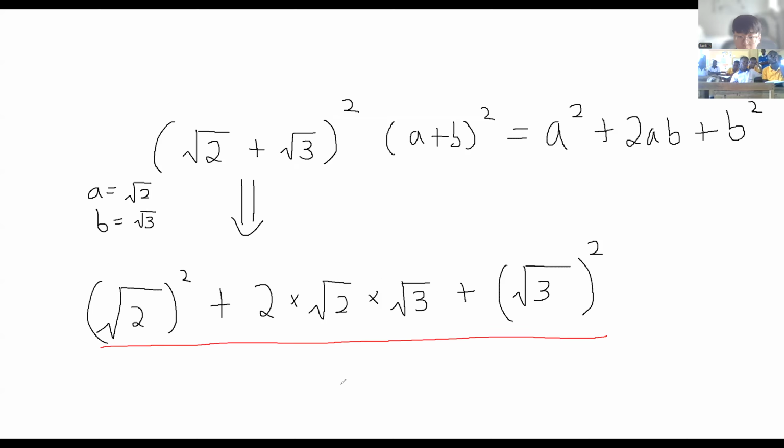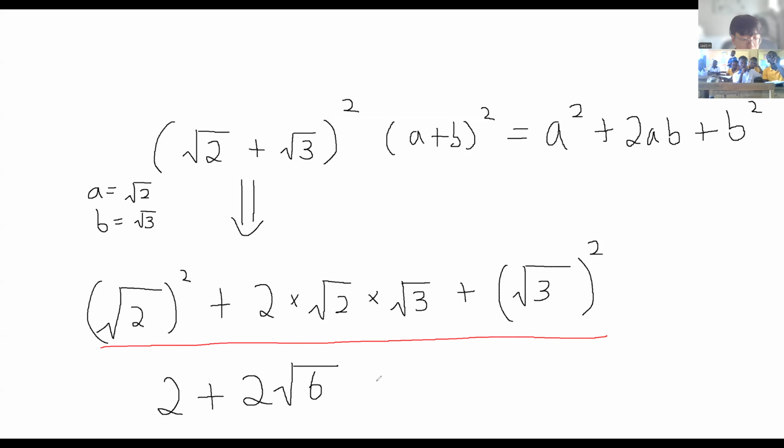So what is square root of 2 squared? That is 2, right? Plus 2 times square root of 2 times square root of 3, which is square root of 6.